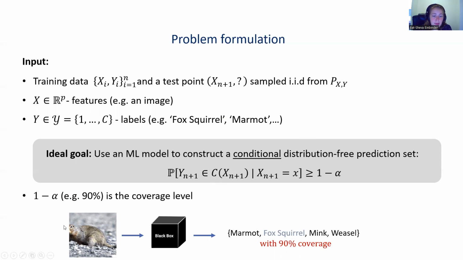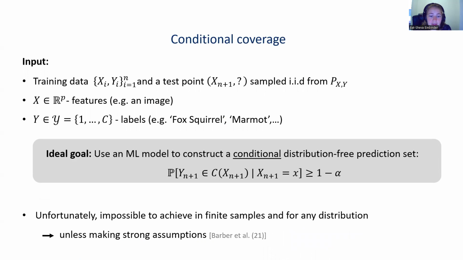So let's say we have an image, we pass it through some black box. We would want to achieve a prediction set, and we would know that the true label is included in this prediction set with probability greater than or equal to 90%. And this property should hold on a specific image. Unfortunately, it's impossible to achieve conditional coverage in finite samples and for any distribution unless we make some strong assumptions.